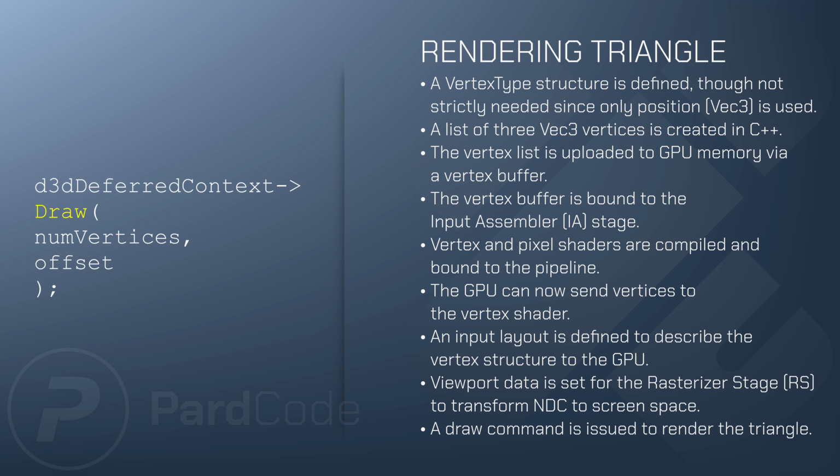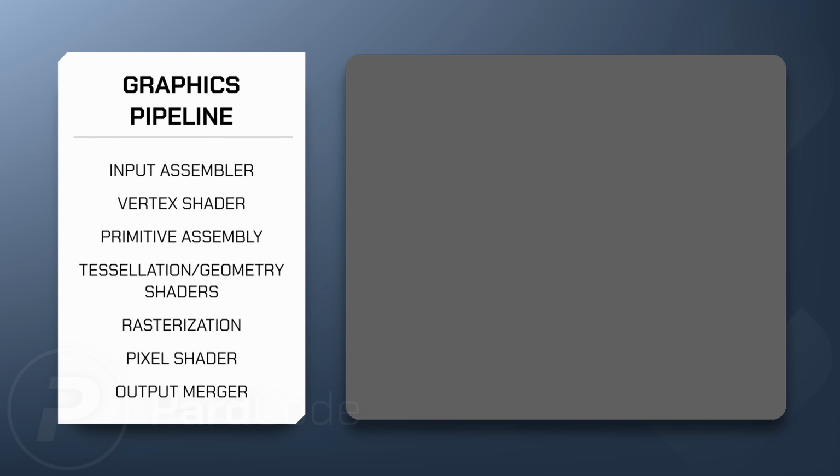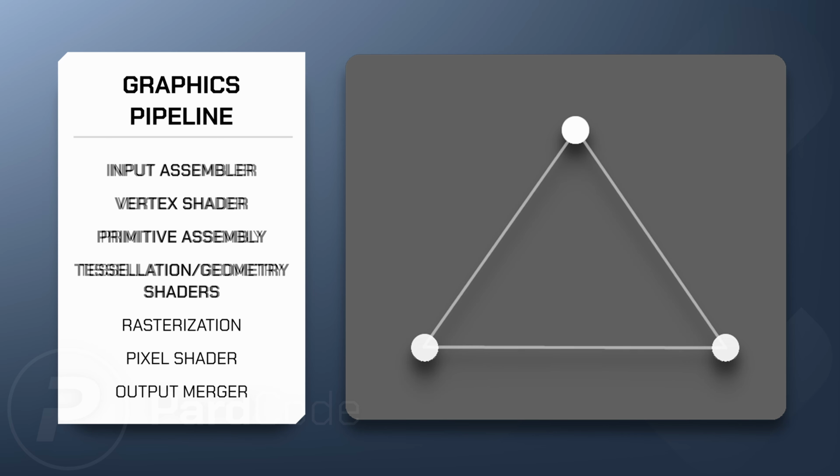Now that we have set everything up, we record the draw command in the command list using the device context. Once the GPU processes this command, it begins executing all the stages of the graphics pipeline, using all the data we set up earlier. As we saw in the previous episode, the vertices, once transformed in the vertex shader, are assembled into a geometric shape during the primitive assembly stage.